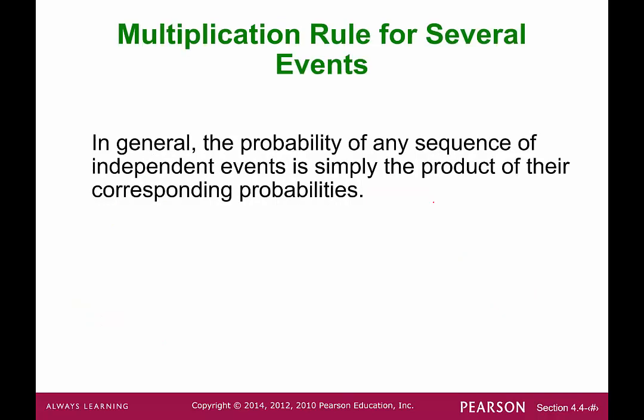Multiplication rule for several events. In general, the probability of any sequence of independent events is simply the product of the corresponding probabilities.